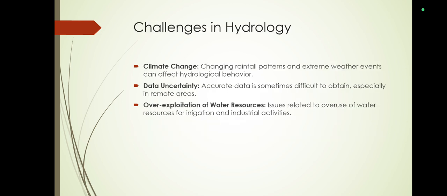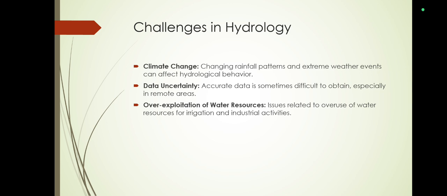And what are the challenges in hydrology? First one is climate change. We all know that climate change is an alarming problem nowadays. Changes in rainfall pattern and extreme weather events can affect hydrological behavior. Data uncertainty: accurate data is sometimes very difficult to obtain.